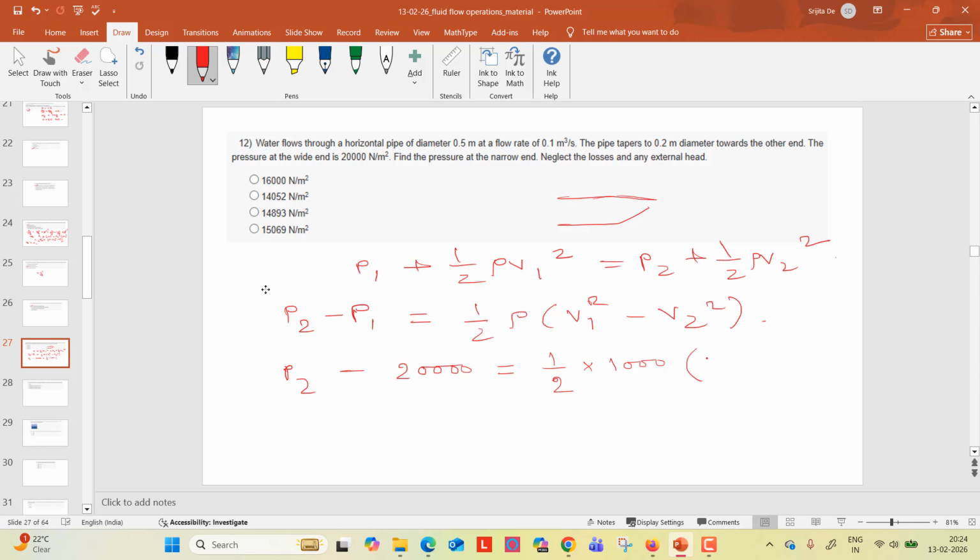We have to calculate V1. Q equals V1 into A1, or V2 into A2. So V1 will be Q by A1, which is 0.1 by pi times 0.5 square by 4.